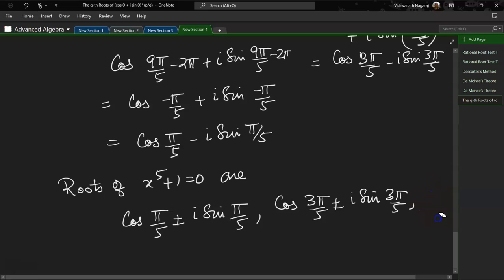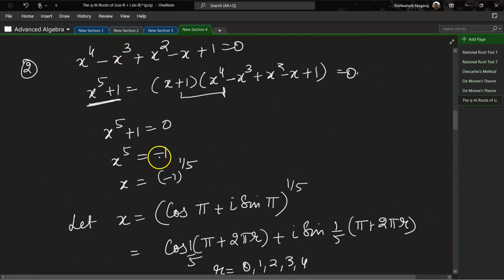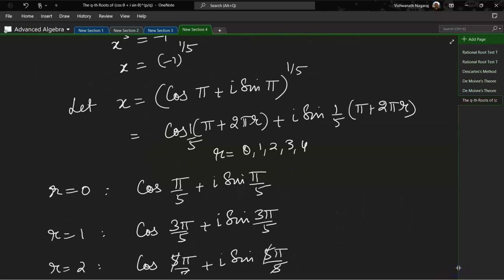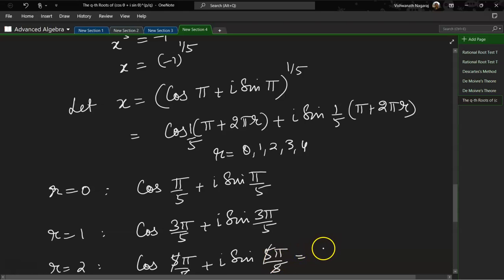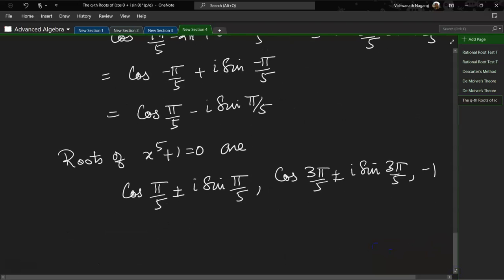Actually, this minus 1 we are getting from one of the values here, cos pi plus I sin pi. This is equal to cos pi, which is minus 1, plus 0, which is minus 1. So we have got 5 roots of x to the power of 5 plus 1. Now this root is specific to x to the power of 5 plus 1.